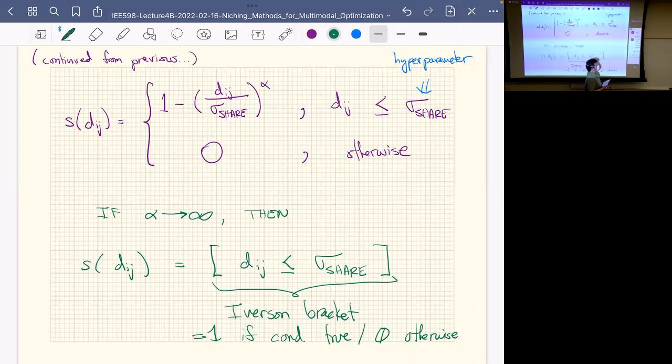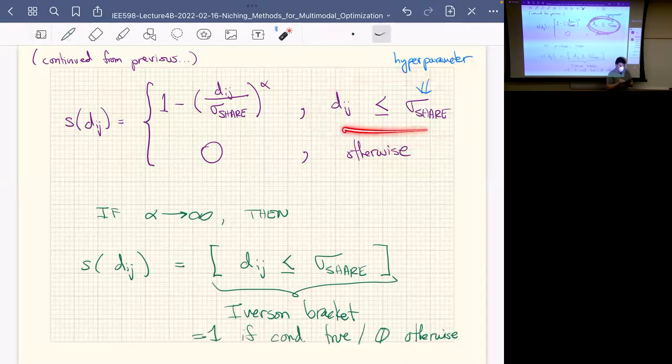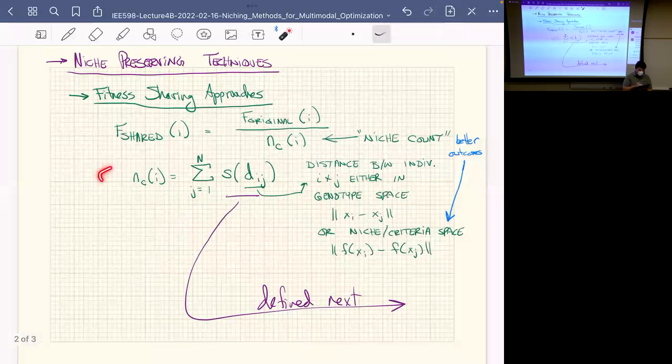So if I start with this simple case, if you take alpha equal to infinity here, then all this Sij does is basically count. This is keeping count of how many individuals are within this radius here. So if I go back and look at what this function is doing, it's just going to count up a scaled version.